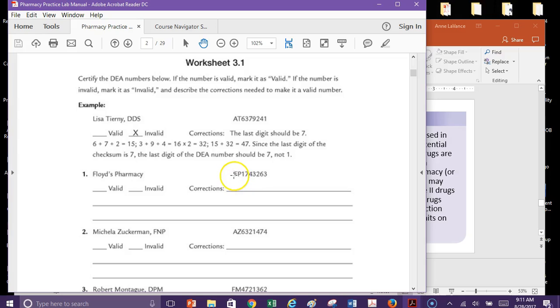Floyd's Pharmacy, F is okay because it's a pharmacy, A, B, F for primary. It should, however, have F as its second letter because it's Floyd's Pharmacy. So the P is incorrect. Now, go ahead and validate the number. I'm not going to take you through that part. You check that part. But that's what you need to look at as you're going through all 10 of these.